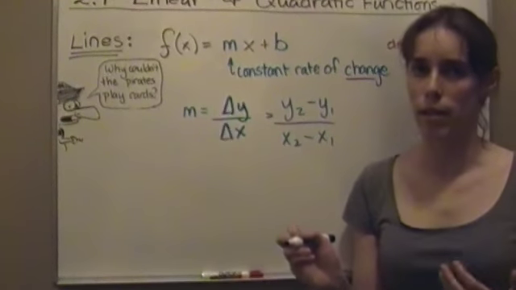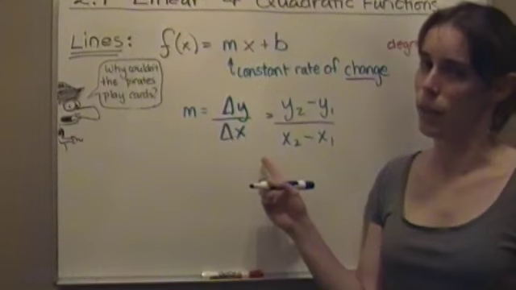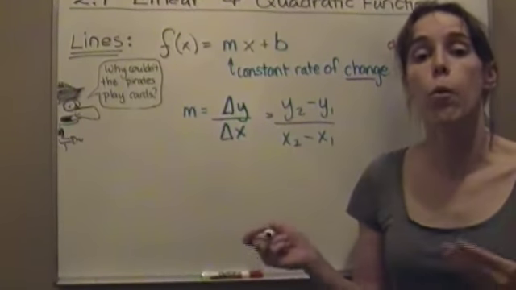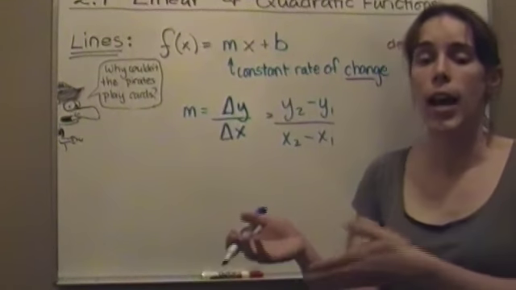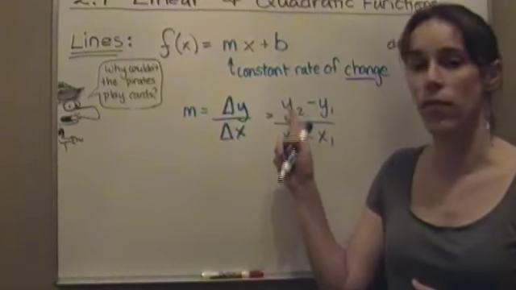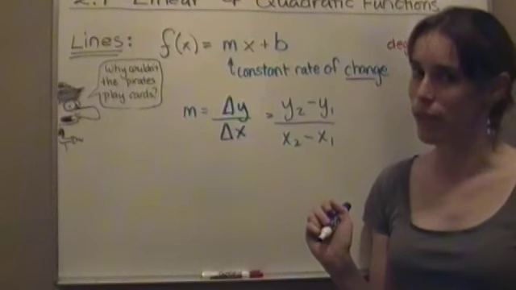Do the 2's and 1's matter? No. It could be y1 minus y2 over x1 minus x2. Pick your favorite. You're just taking 2 points and subtracting the y values and subtracting the x values. You just have to be consistent about which point comes first and which point comes second. You can't change it up partway through the equation.